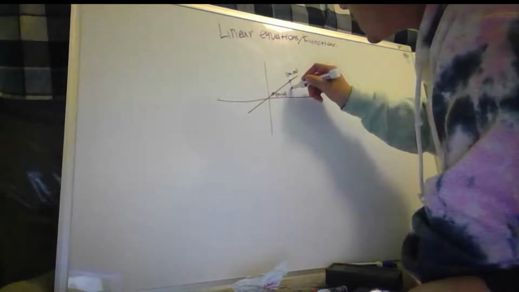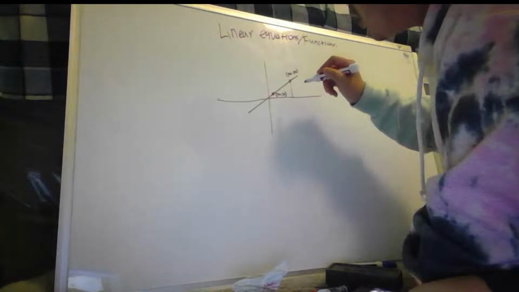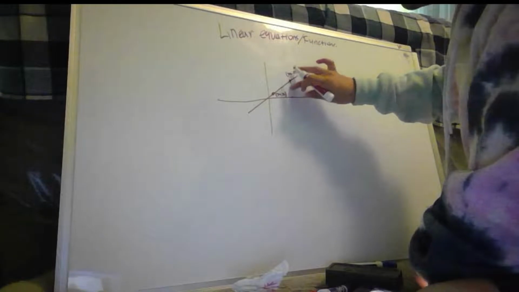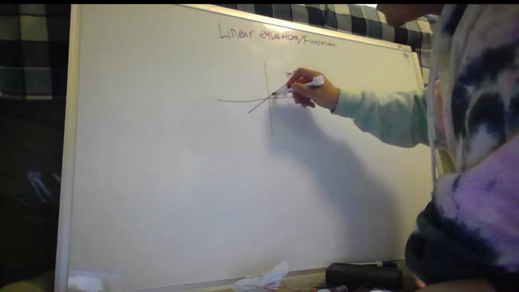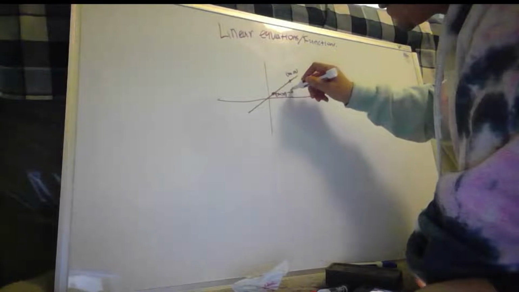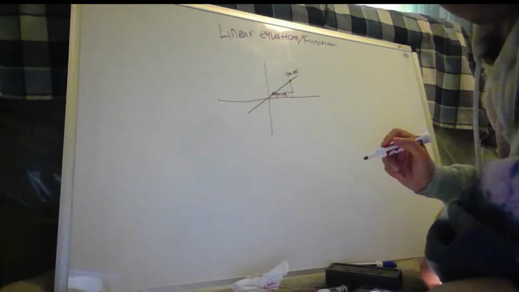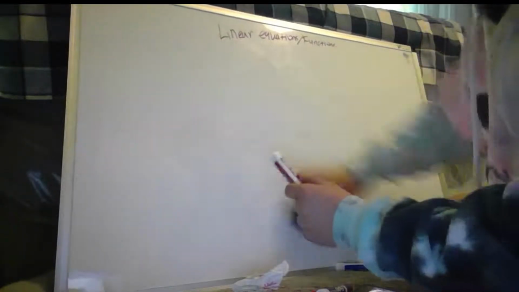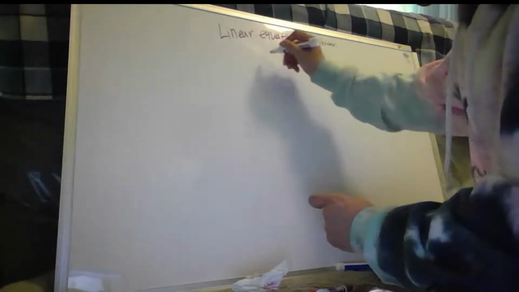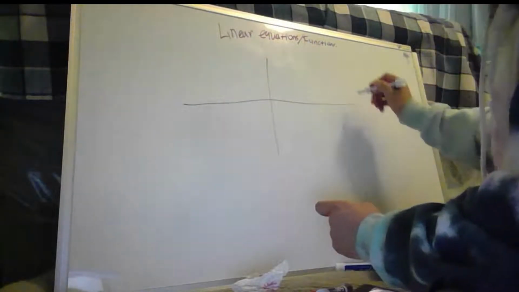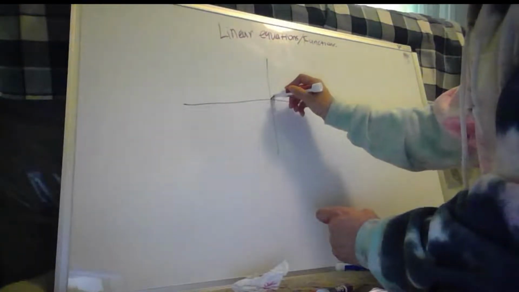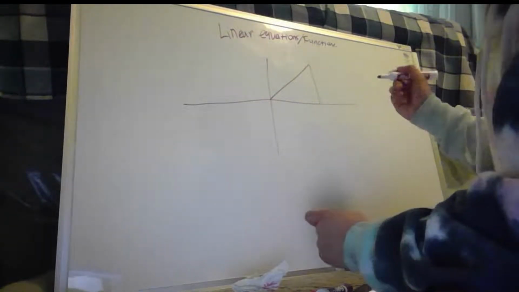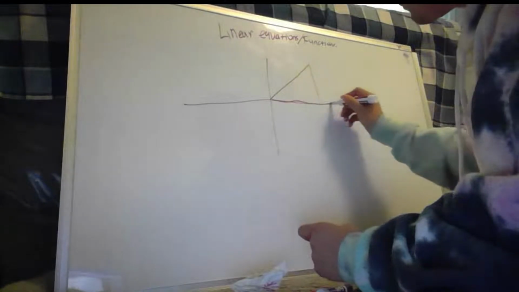It doesn't have to be on the axis, but let me do that a little bit bigger because I feel like everything that I do on this board comes out so small. We have something like this, okay?